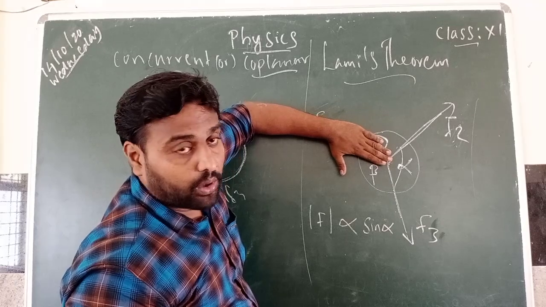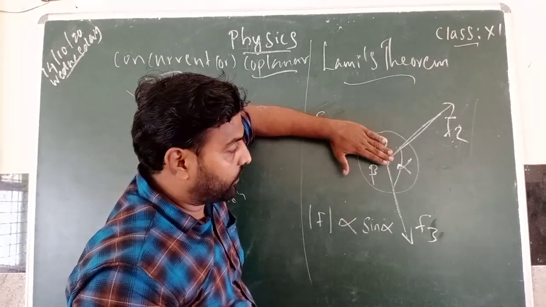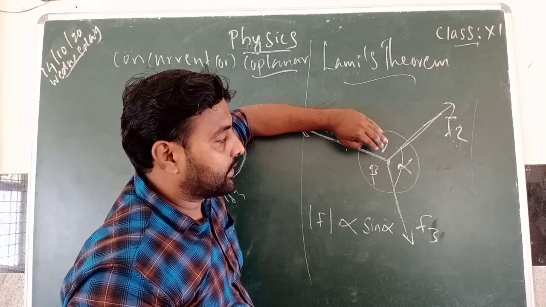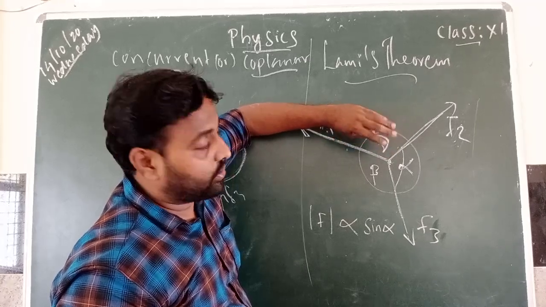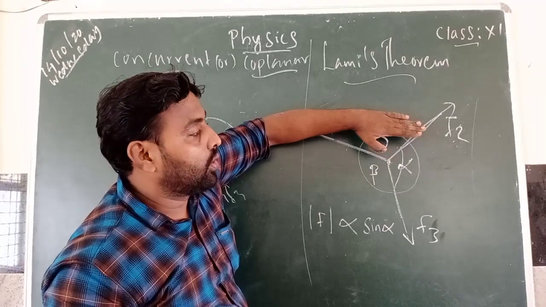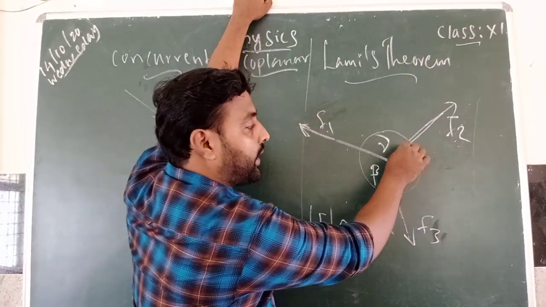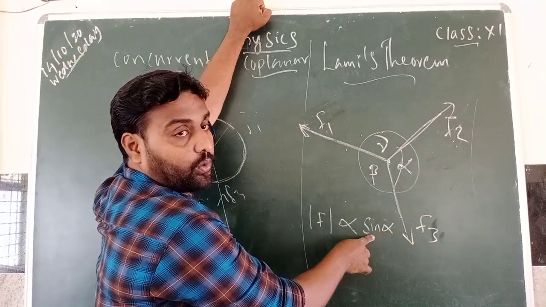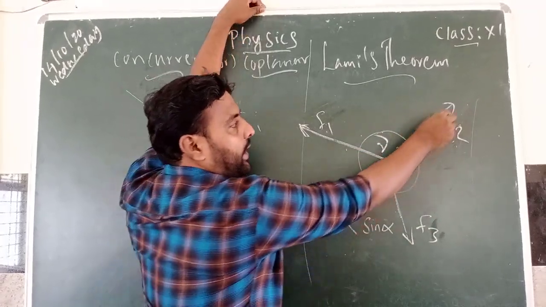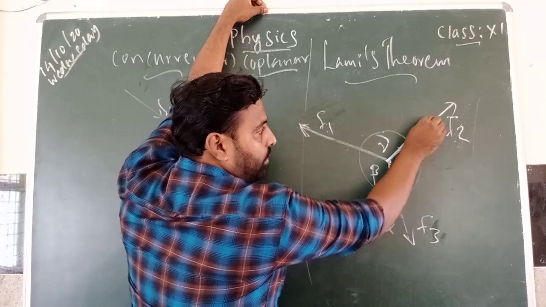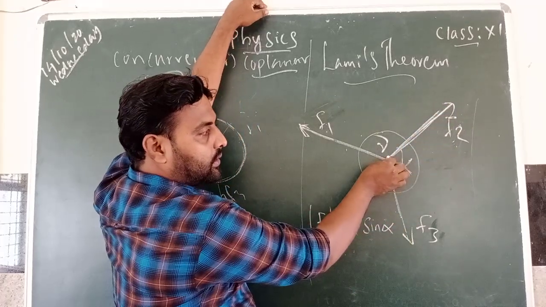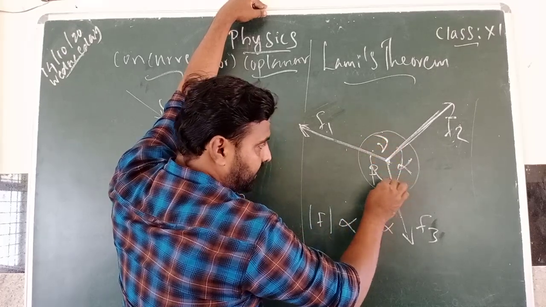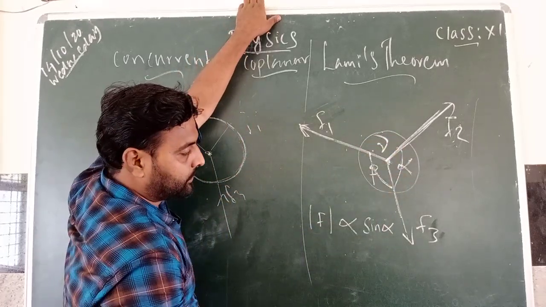So for F1, the magnitude is proportional to the sine of the angle between the other two forces. Suppose we are finding F2. The angle opposite F2 is beta.